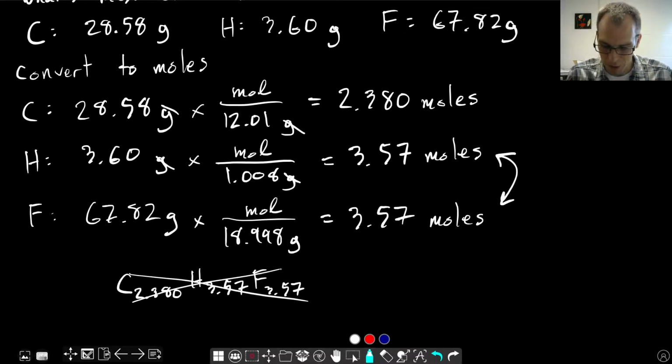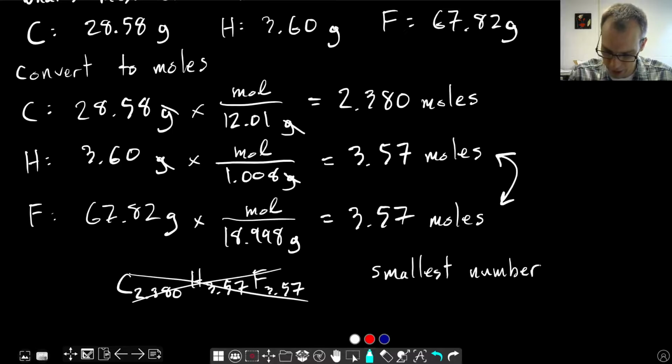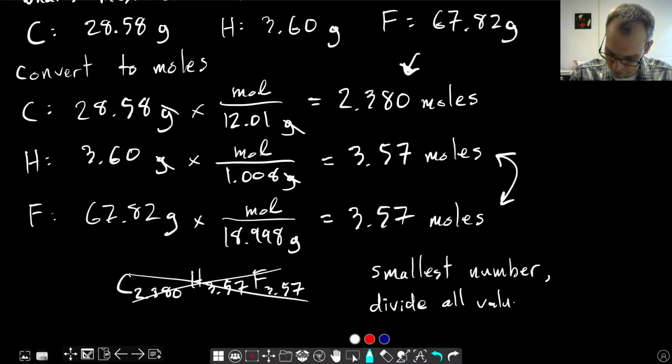And so what we do here is we want to get these to whole numbers, and the easiest way to do this is to take whatever's the lowest value. So you take your smallest number. So in this case, that'll be our 2.38 for our carbon, and then divide everything by that number. Divide all values by that number.